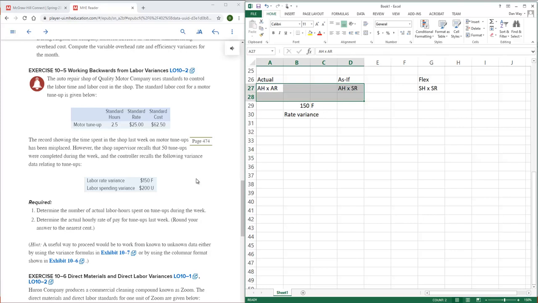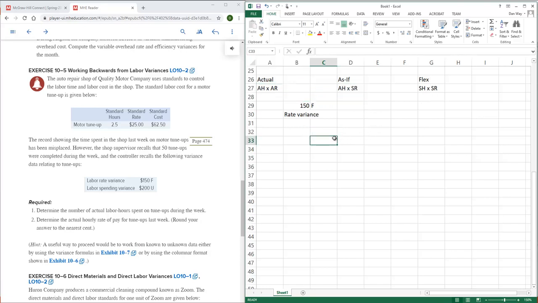We also know that the spending variance is $200, and that's unfavorable. And here I would just encourage you to be careful in terms of thinking of your levels of variance. That spending variance is the higher level than our rate and efficiency variance, so it comes about from comparing the actual result all the way over to our standard from the flex budget amount.